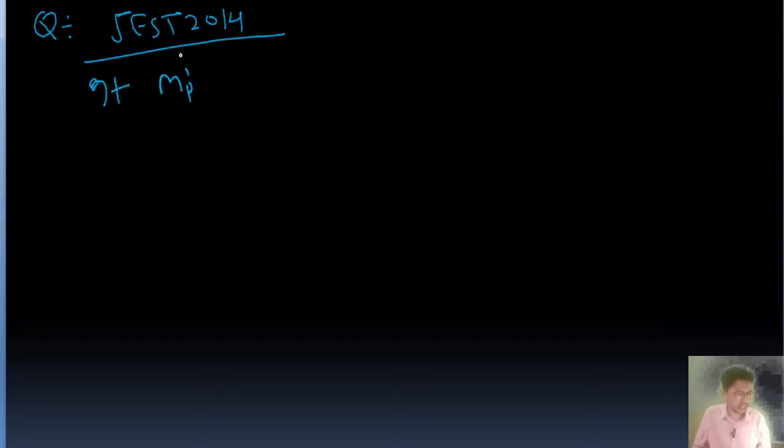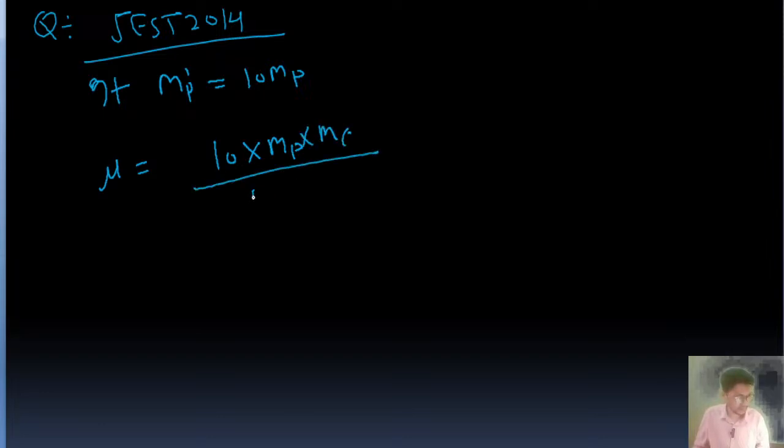So there is a question which was asked in JEST 2014. Here it is given that if the mass of proton is 10 times heavier, 10 MP, in that case, I'm writing directly, mu value is going to be 10 MP into me upon me plus 10 MP.